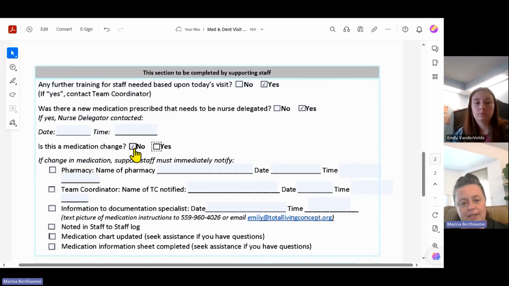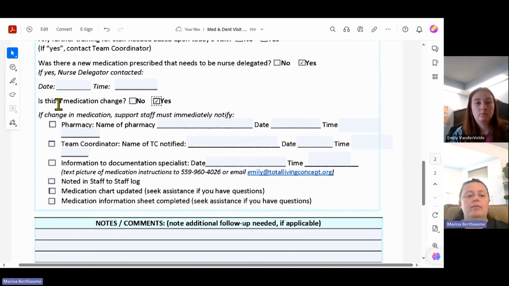But for this form training, we're going to check off yes, so that we can walk through what the next steps are. Pharmacy is the first one. We need to make sure that the pharmacy got the information about the change in the meds.